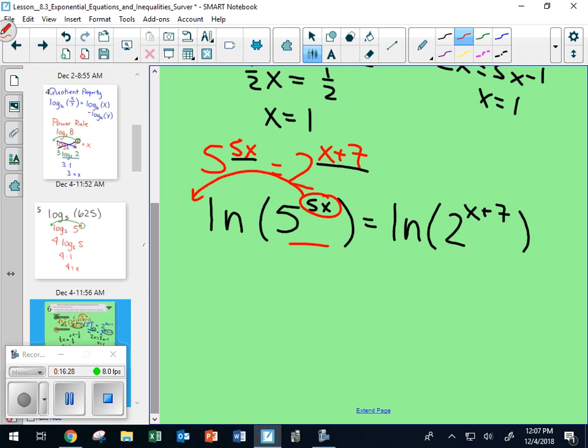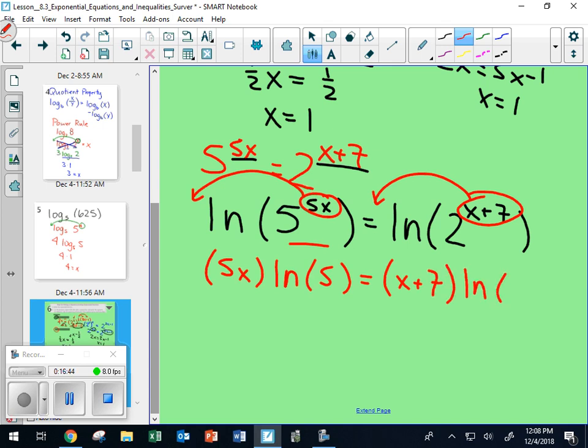So on both of my sides, I can take my exponent and pull it out, so that I can rewrite this as 5x times the natural log of 5 is equal to x plus 7, natural log of 2. So now I don't have to worry about exponents anymore. Now all I have to do is just worry about solving for x.